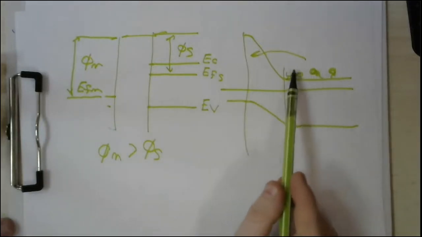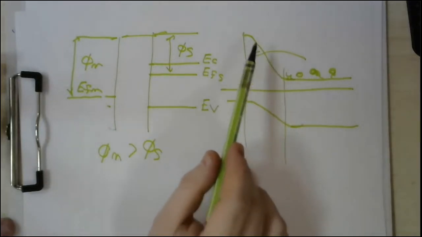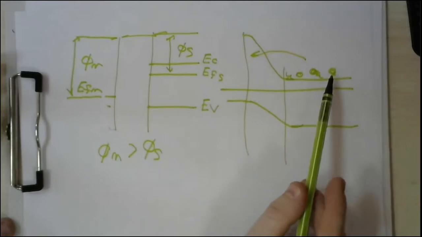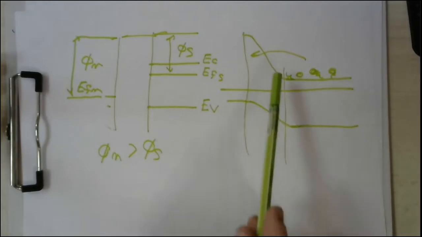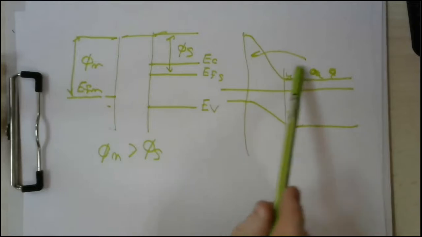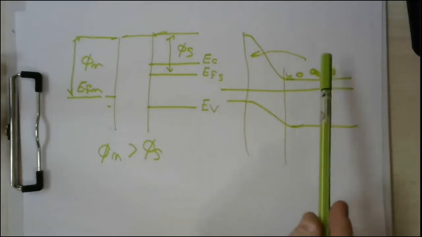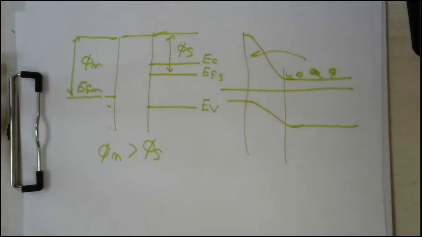This barrier will prevent electrons from moving from the right hand side to the left hand side. So generally speaking, electrons will not be able to move in this condition. Okay, perfect. So herein there is a barrier that prevents majority carriers from moving from this side to this side.